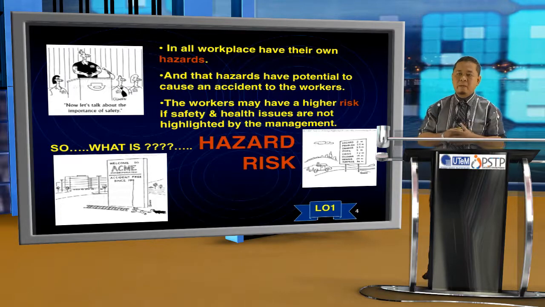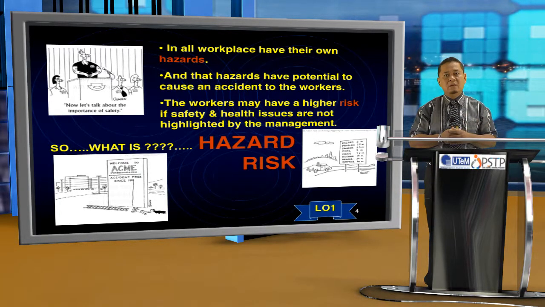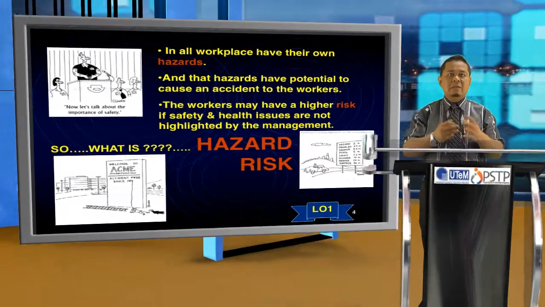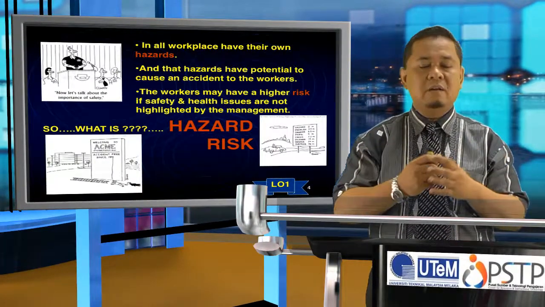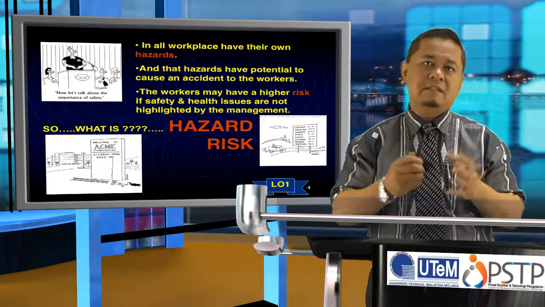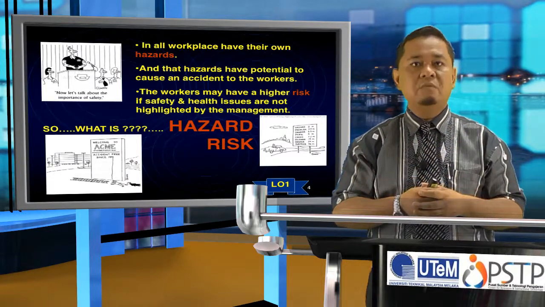As you know, in the workplace, in the industry, they use a lot of machines, tools, and equipment that can potentially cause harm to the workers. So in our daily life, in the industry, there is potential risk, and there must be potential hazards that can cause injury to the workers.